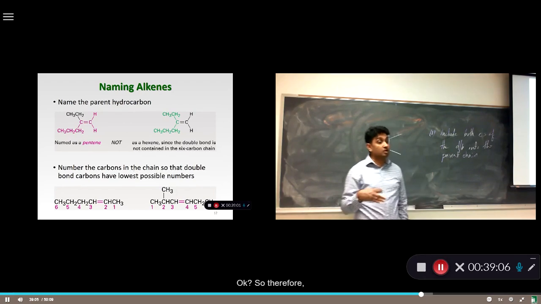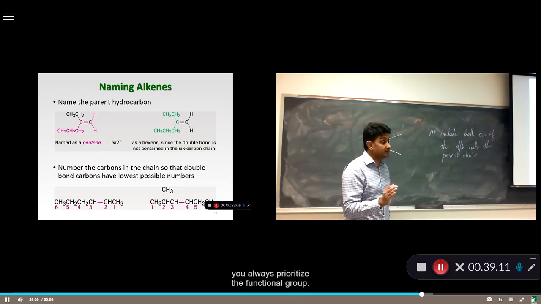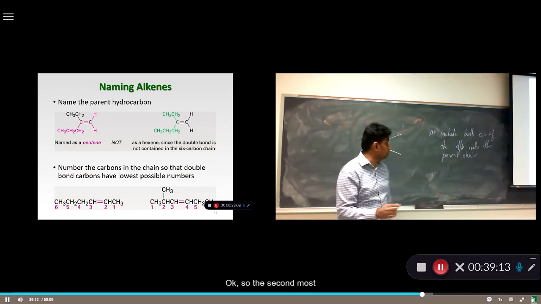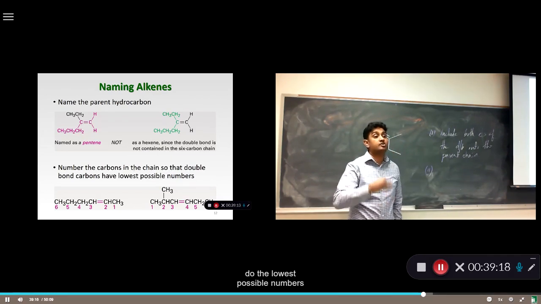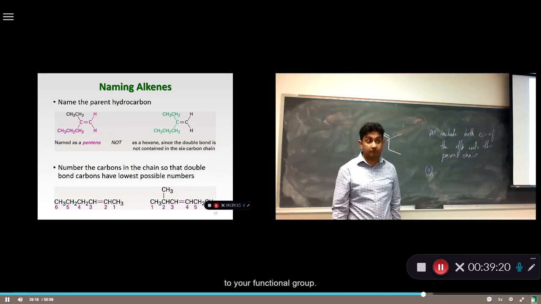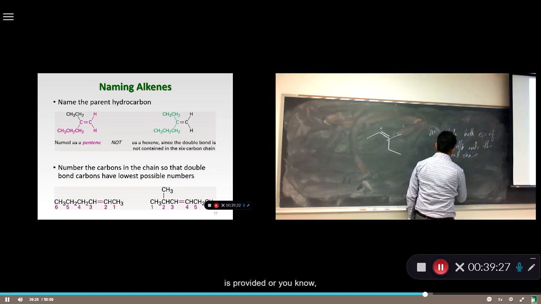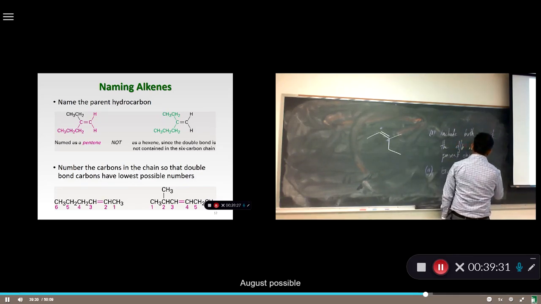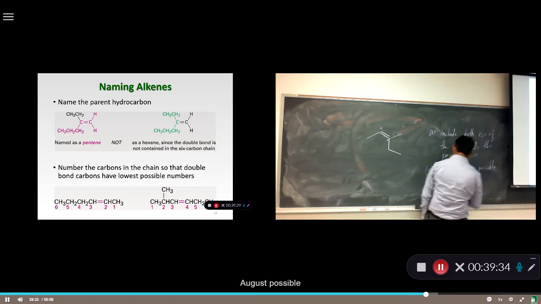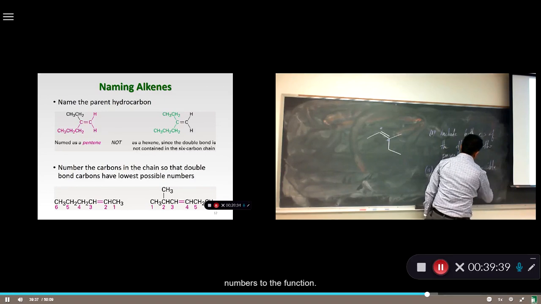So therefore, when numbering the parent chain, you always prioritize the functional group. Okay? So the second most important rule is to try to give the lowest possible numbers to your functional group. So the second rule is: give the lowest possible numbers to the functional group.